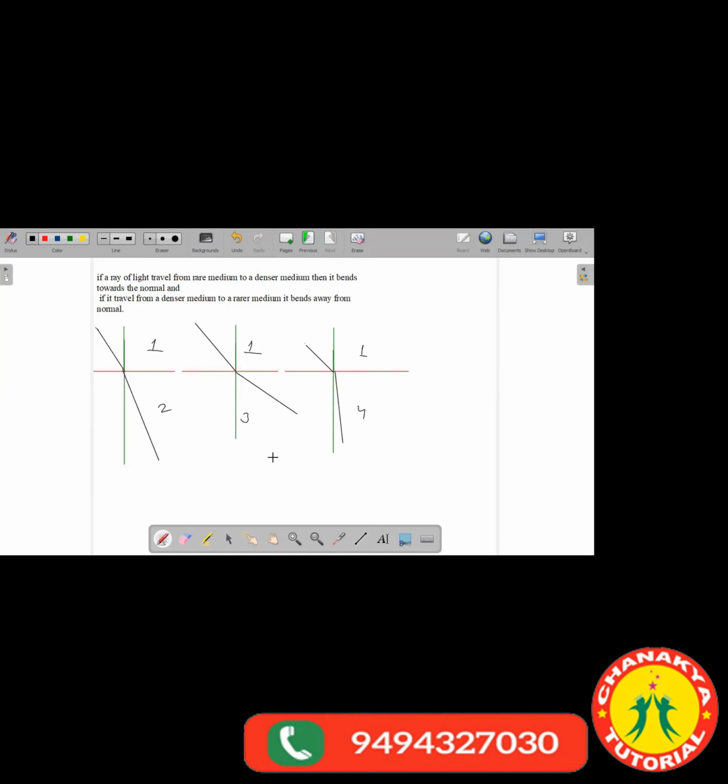Out of medium 1 and 2, which one is the denser medium? 2 is the denser medium. And out of 1 and 3? 1. And out of 1 and 4? 4.